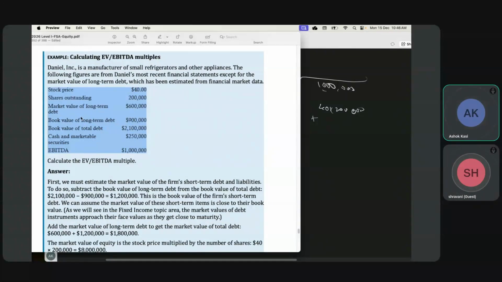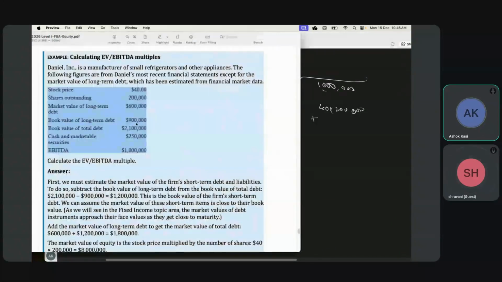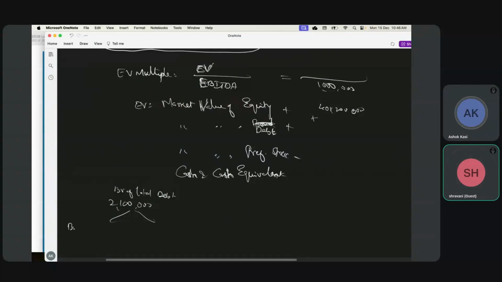But overall, the book value of total debt is 2.1 million. Out of this, the book value of long-term debt is 900,000. So what should be the book value of short-term debt?